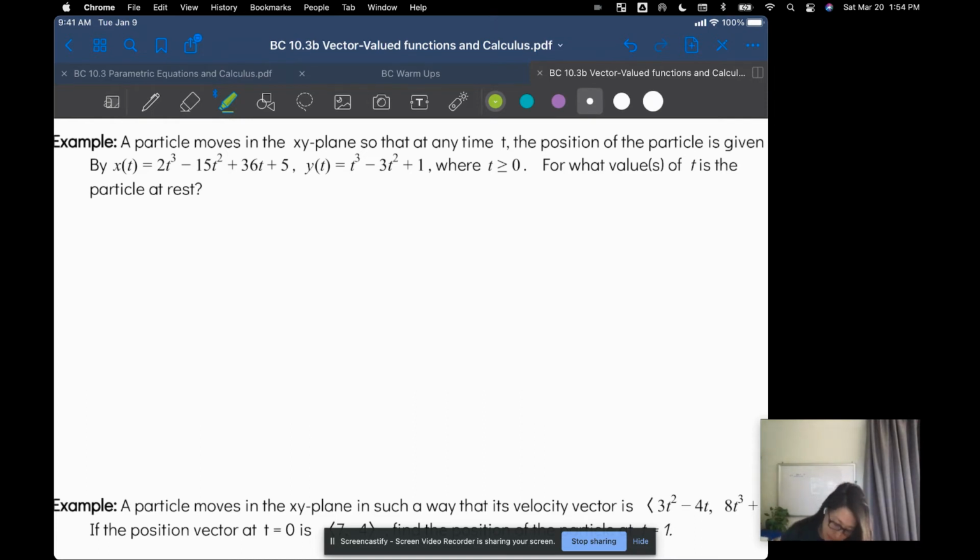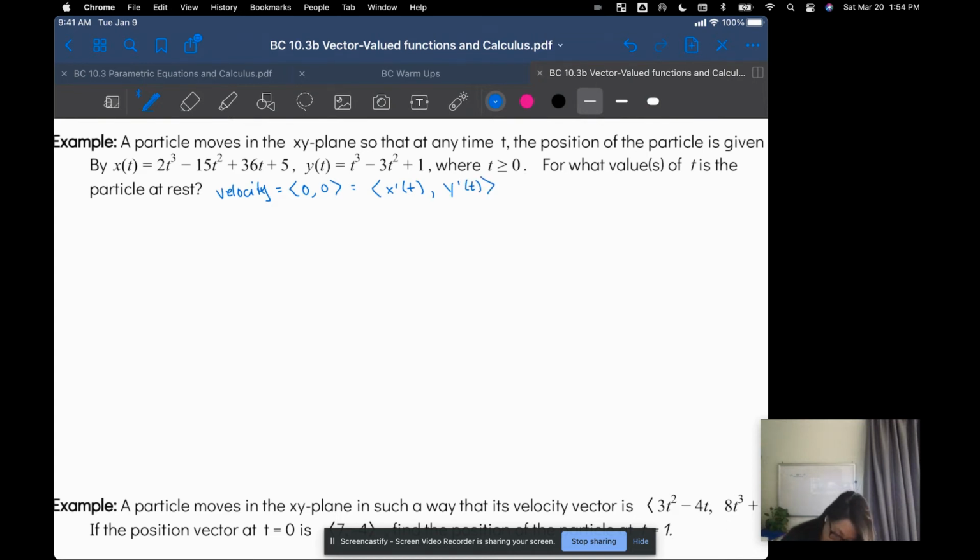Okay, at rest means that the velocity has to equal 0. So we need the velocity vector to be 0 and 0 for the x and the y components, which means that the x prime of t has to be 0 and the y prime of t has to be equal to 0.